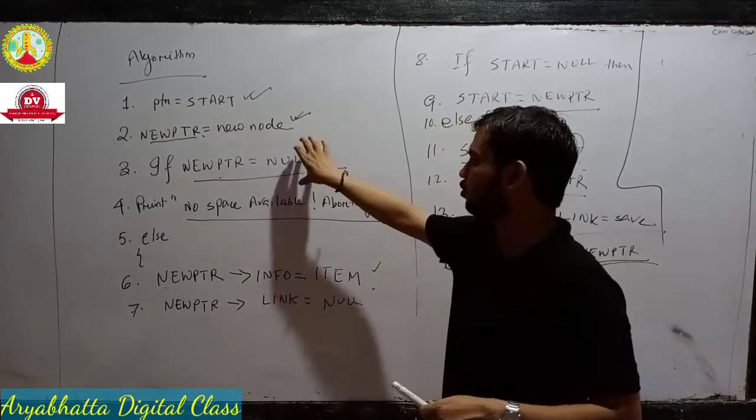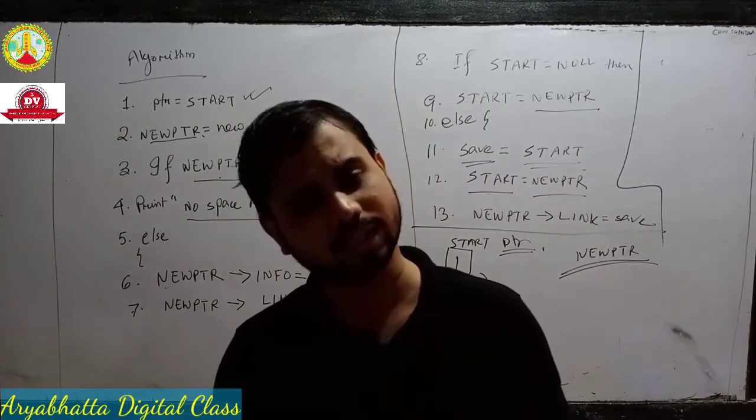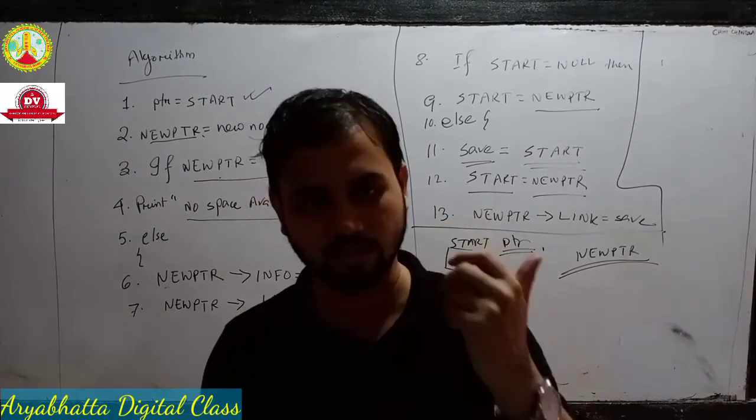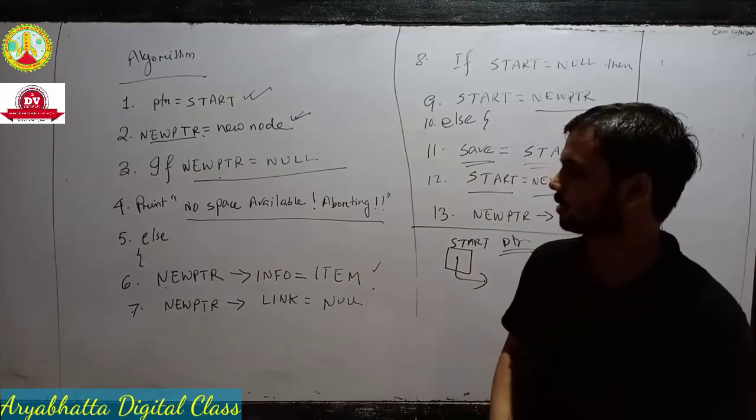If new PTR is equal to null, it means we did not create a new node, so how do we insert a new node in a linked list? That's why it is no space available, aborting.